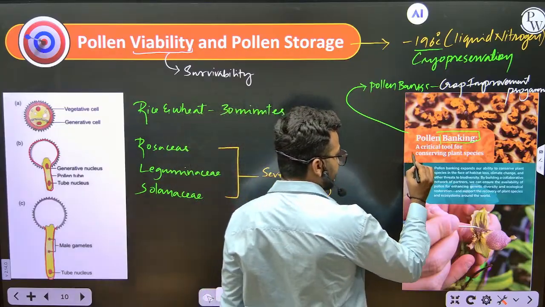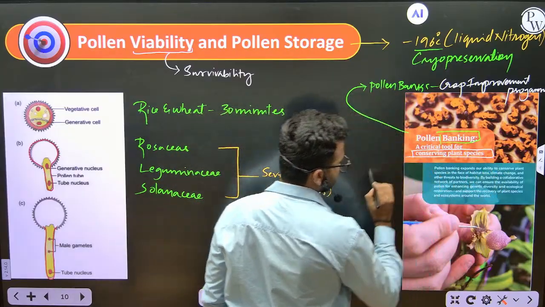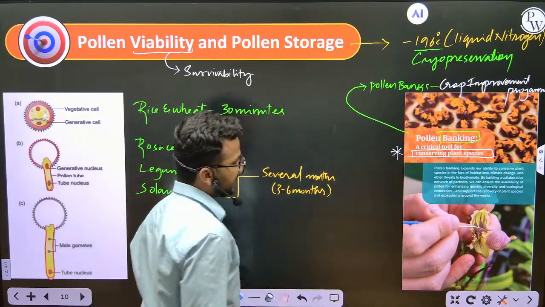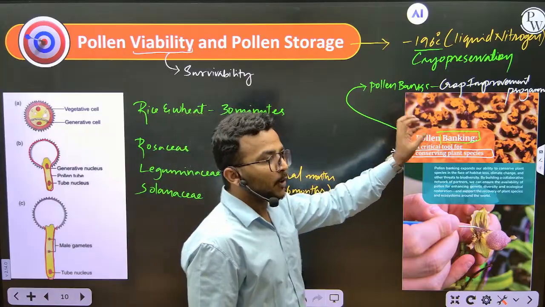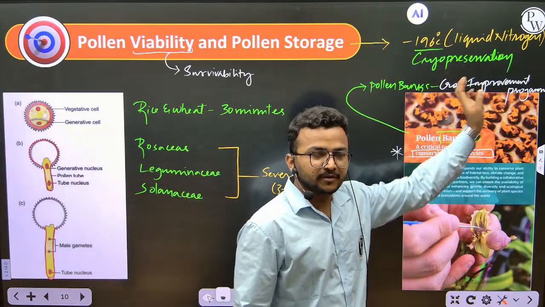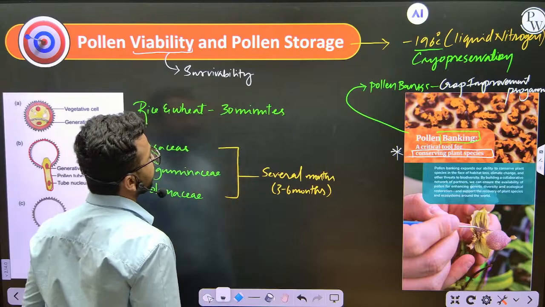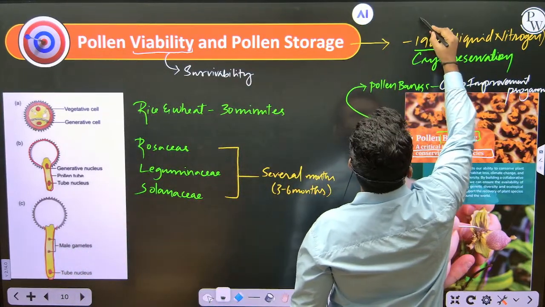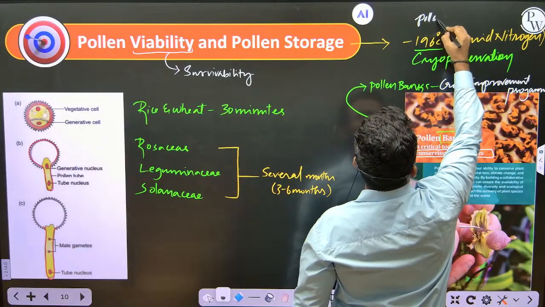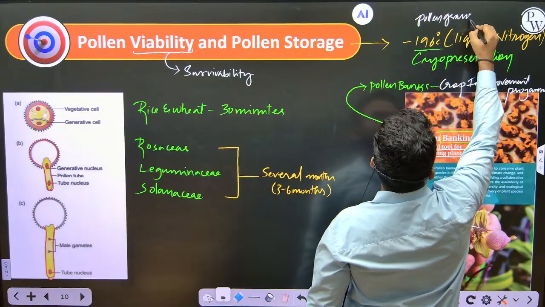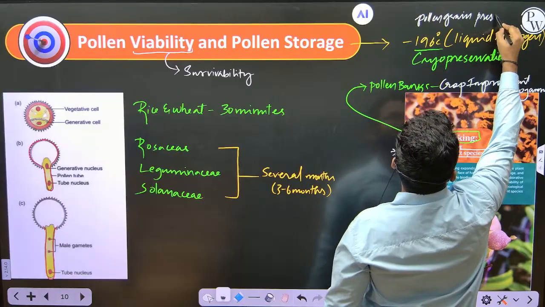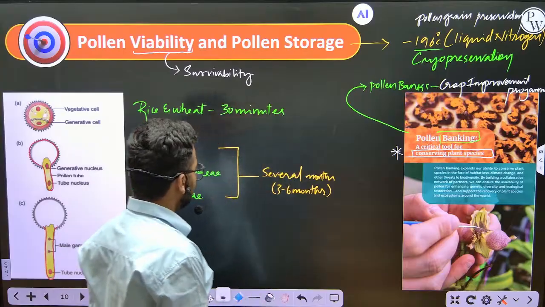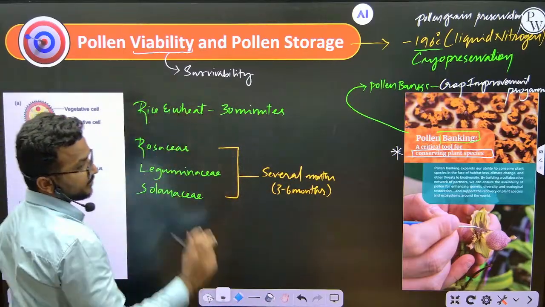So pollen banking is done by preserving the pollen grains under liquid nitrogen conditions. So it is about pollen viability and pollen storage.